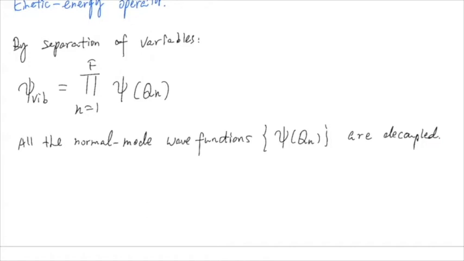But then you ask, what are the normal modes? Well, in that case, you can still use harmonic normal modes as the basis to expand a general solution for the anharmonic vibrational wave function. So in that case, you need to consider the interaction between different normal mode wave functions.